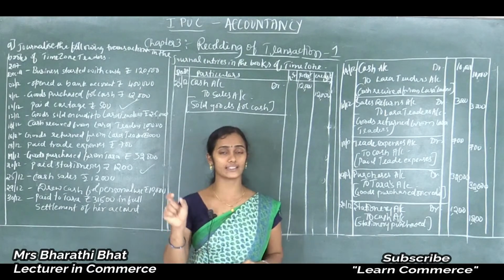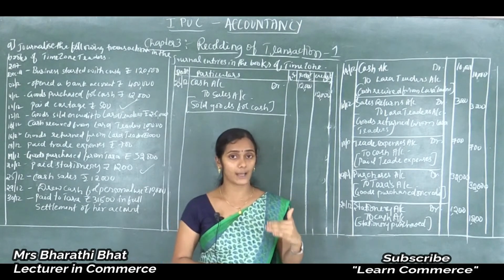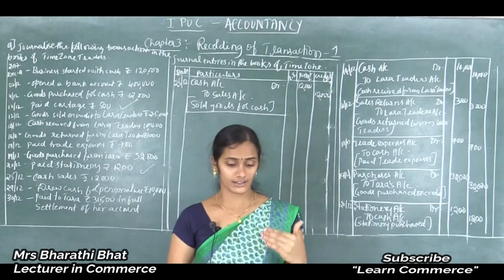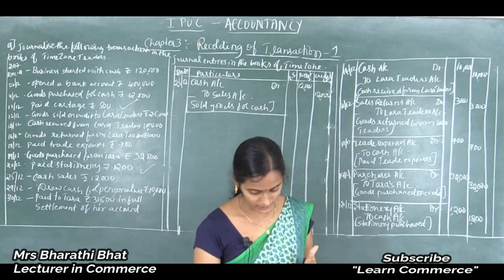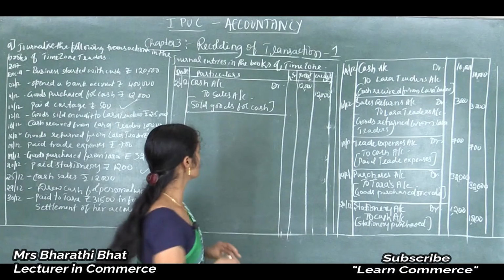So we should write the debit aspect in the first line. So for decrease in capital, firstly we should write the debit aspect. So drawings account debited to cash account.